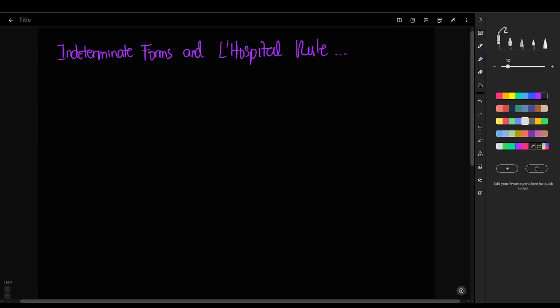But in some other ways, indeterminate forms are equations that might be confusing to you, but in other methods, such as this L'Hospital rule, you could solve them.